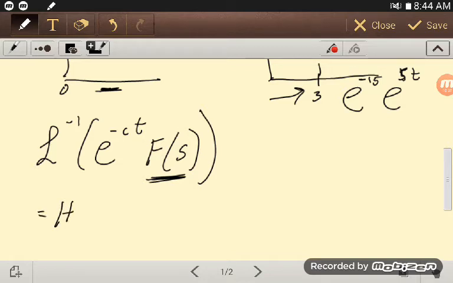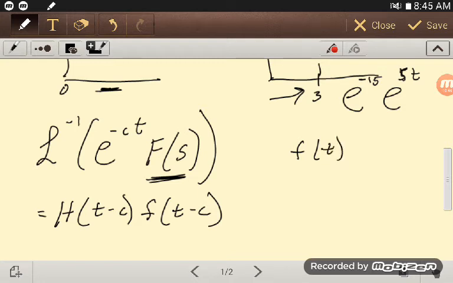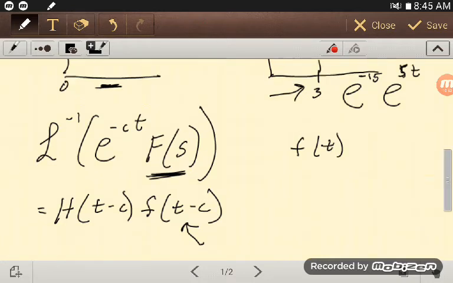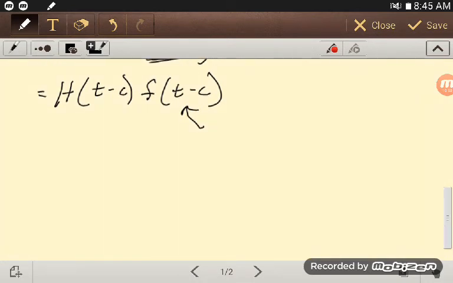So we get the Heaviside function of t minus c, and then our f at t minus c. Okay, so we just figure out what f of t is, and then do that substitution. Okay, and so that's the idea.